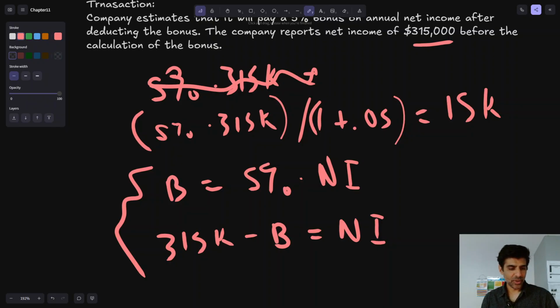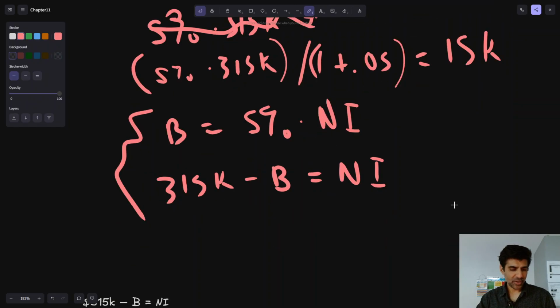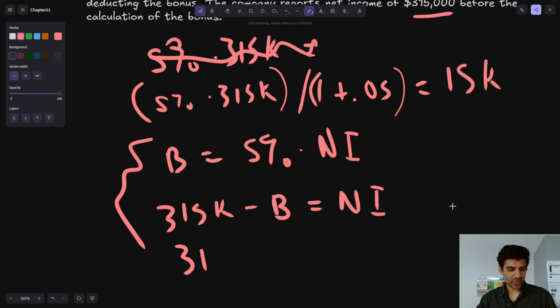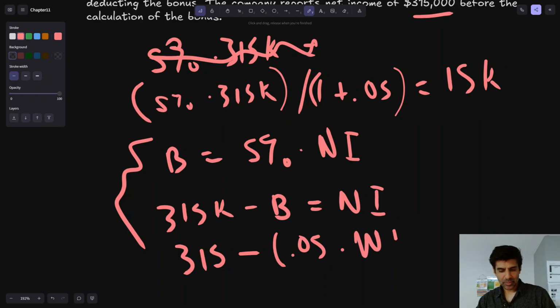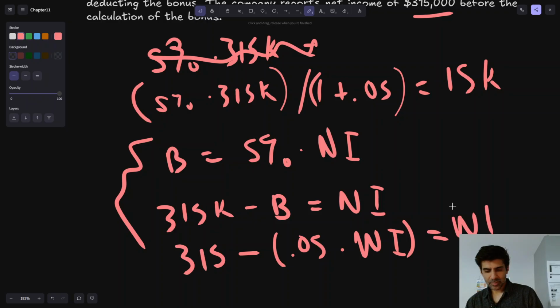Okay, so what I could do is substitute. I already have b written as a function of net income here, so I can just substitute it here. I can do 315 minus 0.05 times net income equals net income.